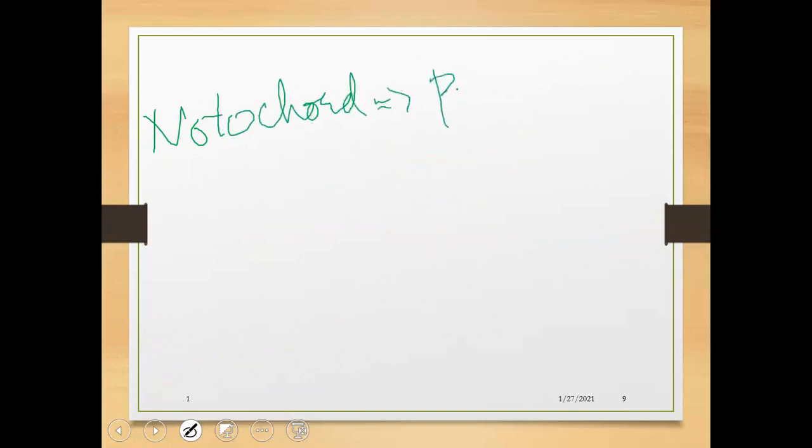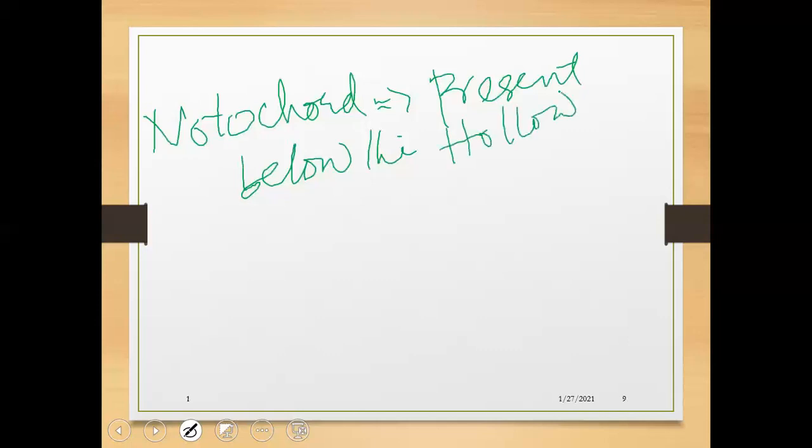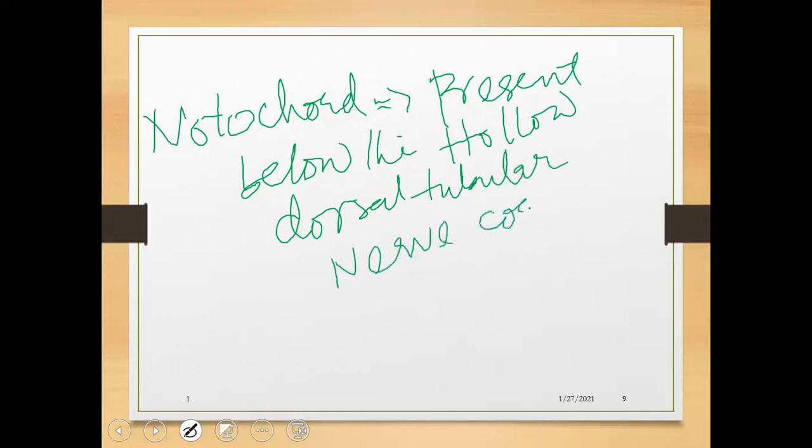The notochord is present below the hollow dorsal tubular nerve cord.